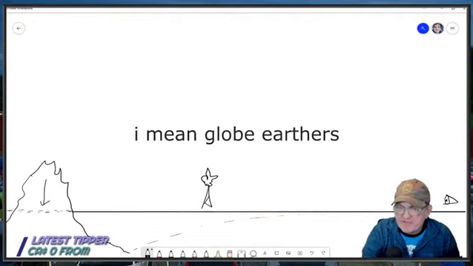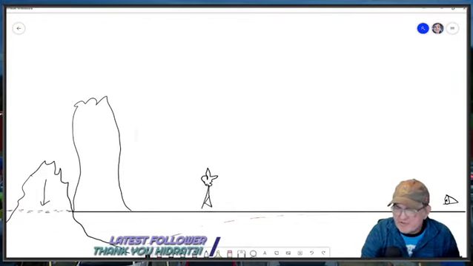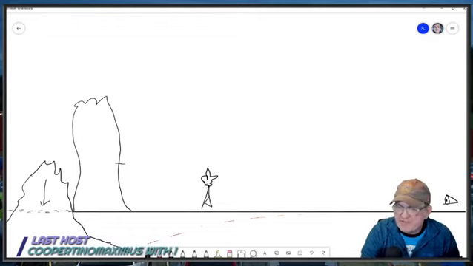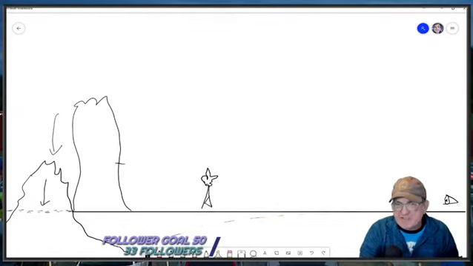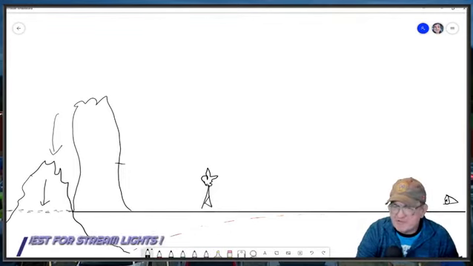So flat earthers say it should look like this if it was flat, and the globe earthers say it should look like that, because we should see the base, right? It's cutting off here. But the flat earthers are saying, no, we only see this much because this whole mountain is going to drop down in your sight, in your vision, in your perception, because of the concept of optical drop.